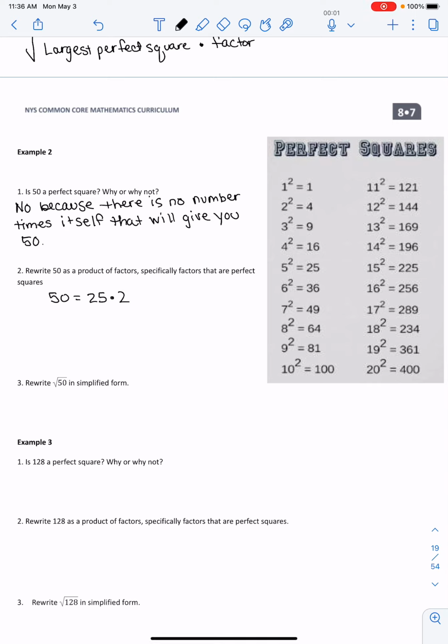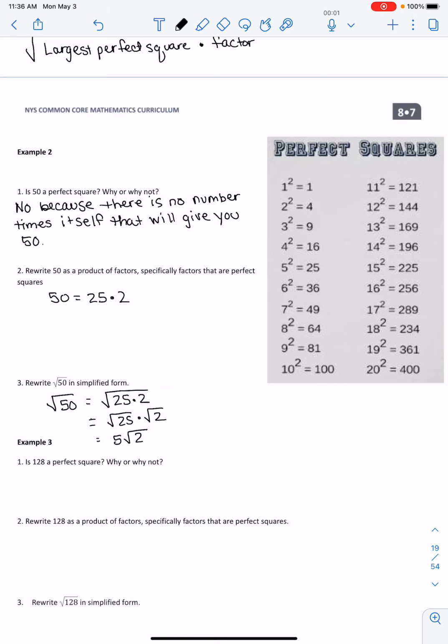So to rewrite the square root of 50 in simplest form, square root of 50 would equal square root of 25 times 2, which would equal square root of 25 times the square root of 2, which would equal 5 square root of 2.